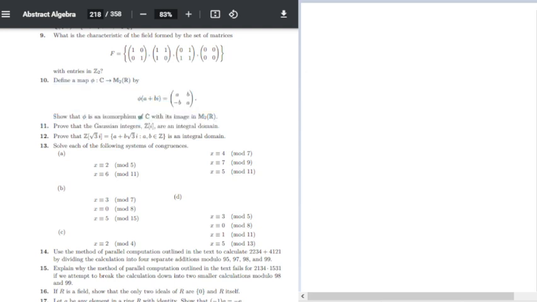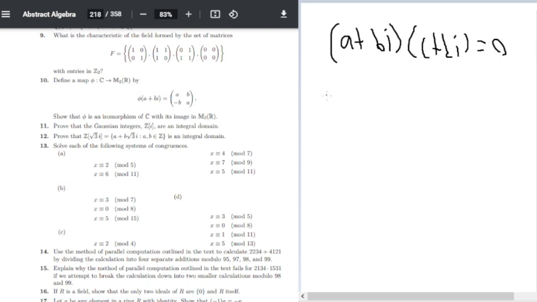Show that the Gaussian integers Z adjoin i are an integral domain. So, suppose that a plus bi times c plus di is equal to 0. Then ac plus adi plus bci minus bd is equal to 0.